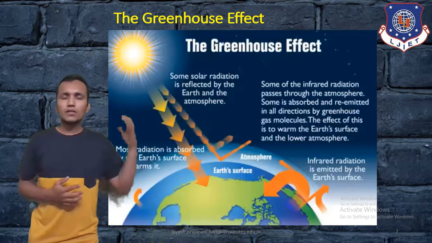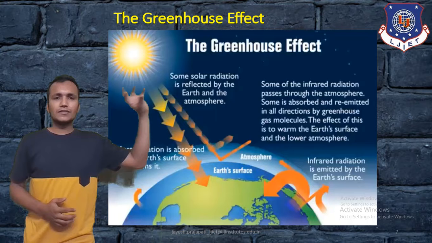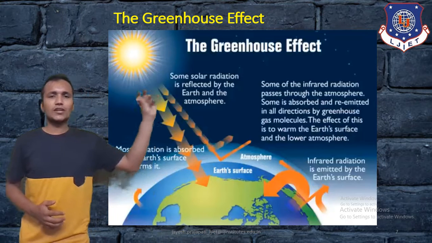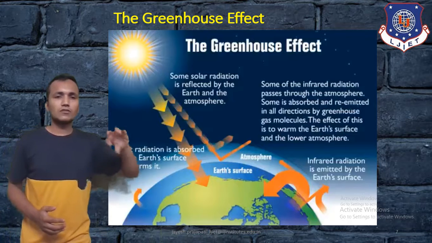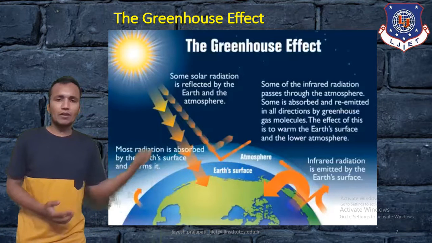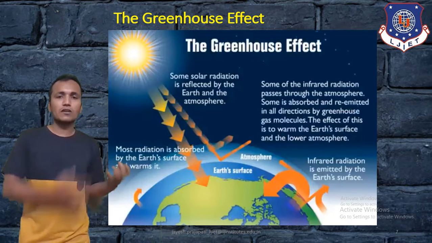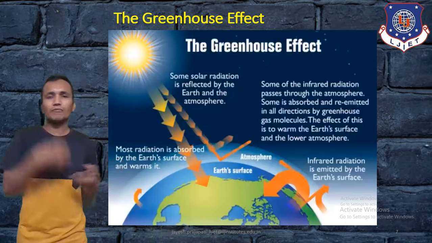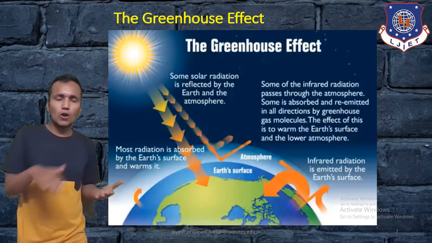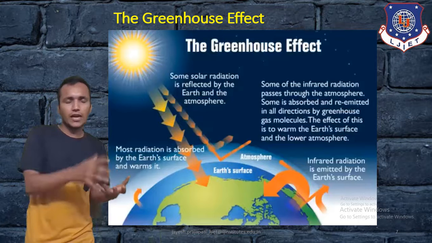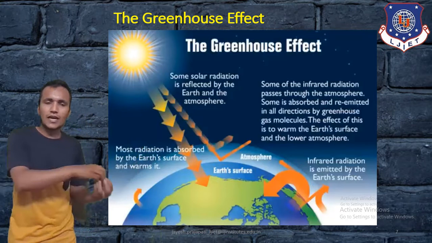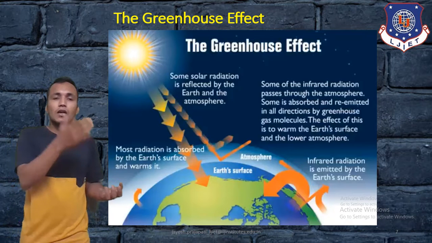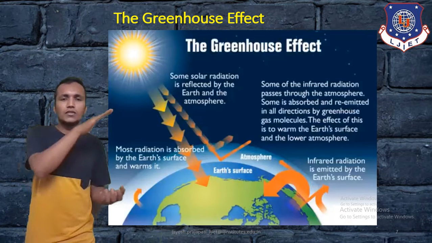Whenever solar radiation goes to the earth's surface, some of the radiation is absorbed by the earth and some is reflected by the earth's body, similar to the greenhouse, where the sun rays are reflected back by the glass.